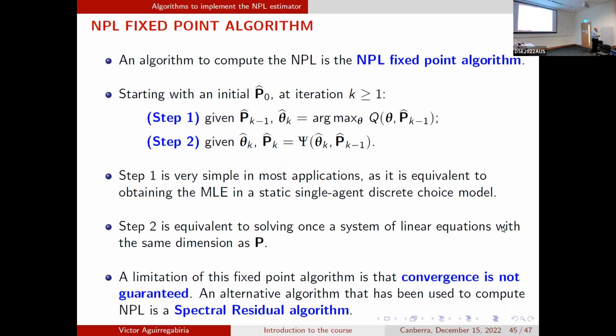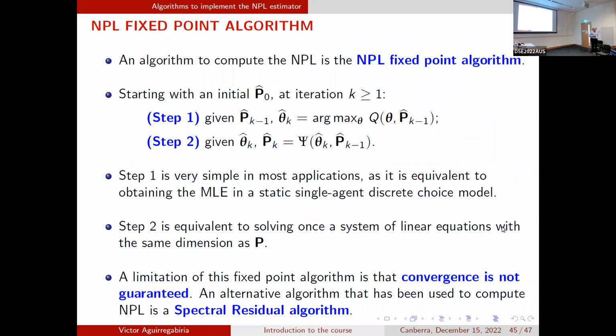It's a function, but it could be a function that could cross each other at times. No, there is this multiplicity of equilibria, but this is a well-defined function and therefore a well-defined iteration.